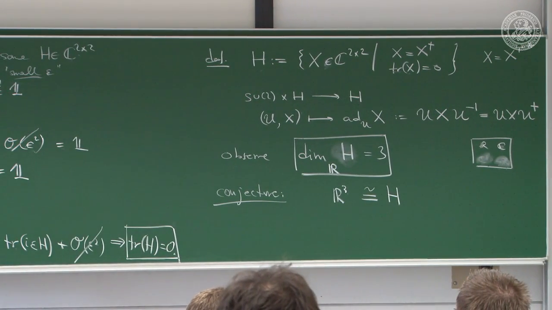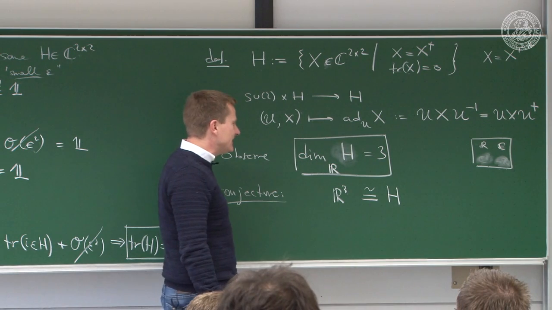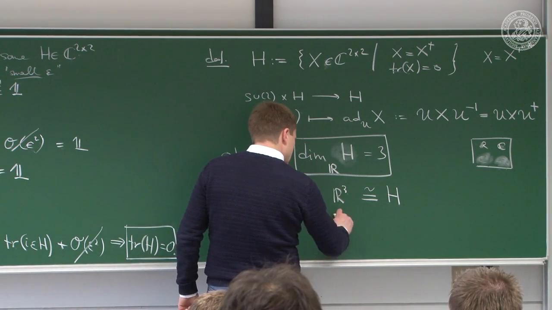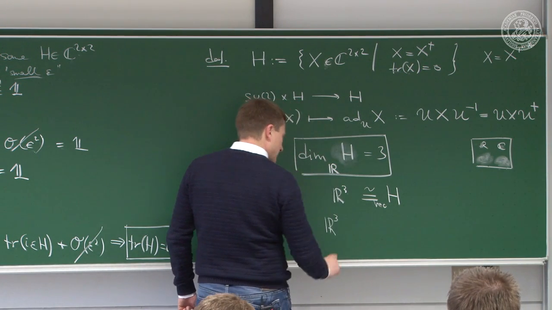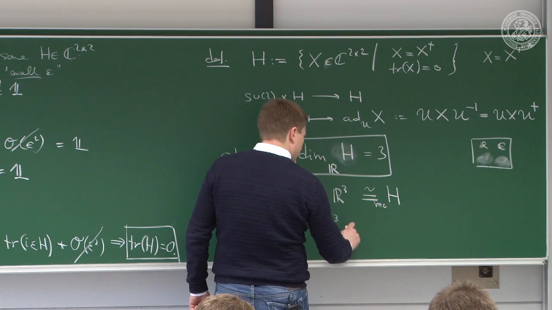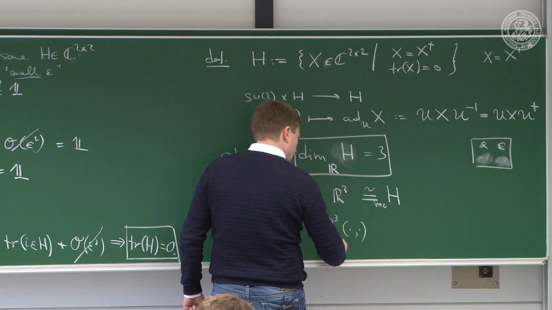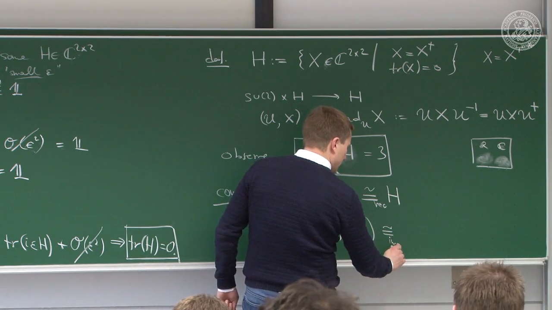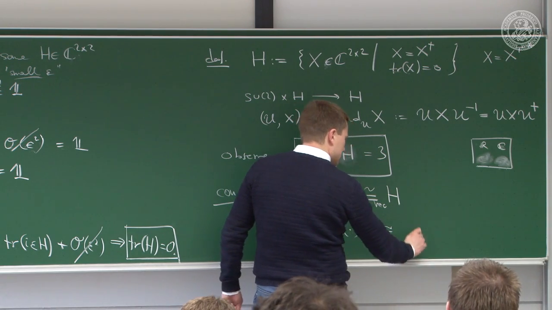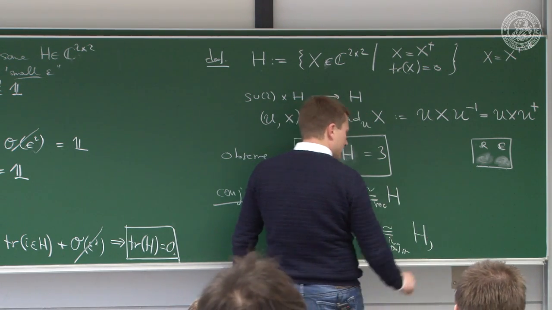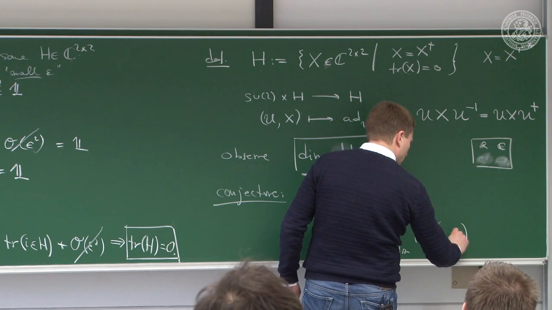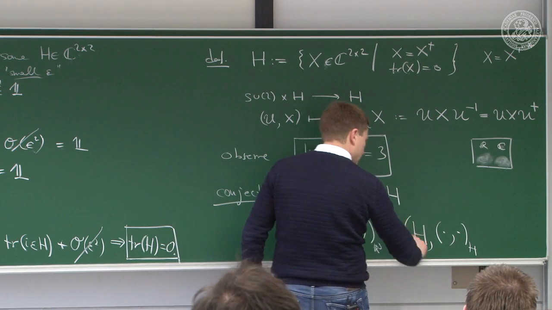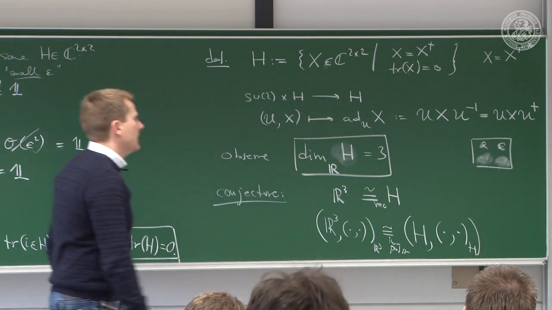Okay, so, well, it's not much of a conjecture. This is actually clear that this is the case. What's more interesting is, so this is as vector spaces. If I take R3 with the standard inner product, I can also show that as an inner product space, it's the same as H with a particular inner product we're going to define on H. So from now on, we should distinguish between the inner product on R3 and the inner product there.